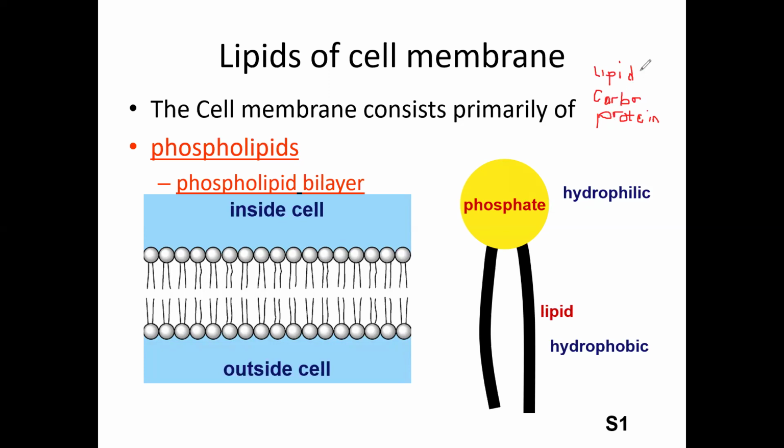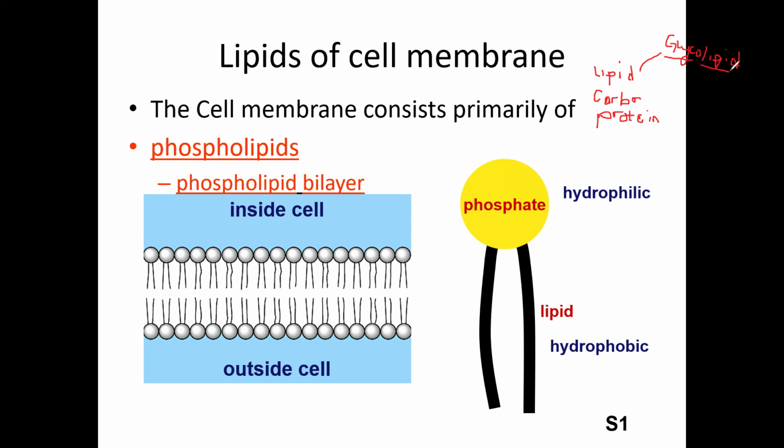One very interesting thing is most of the lipids that are found in the cell membrane are in this form: we have glycolipids. When we say glycolipid, it means a lipid that contains both sugar, that is carbohydrates, and lipids. Glyco means sugar.